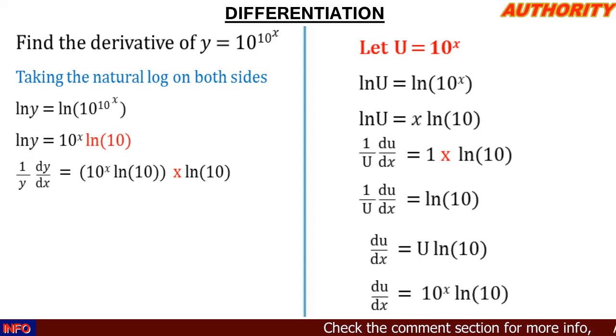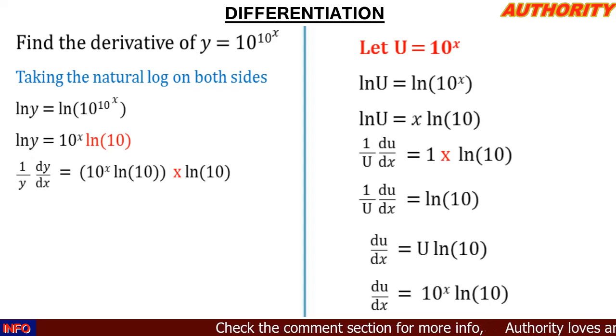Now let's go back. In this place we have ln y is equal to 10 raised to power x ln 10. We want to apply the product rule. We find the derivative of 10 raised to power x multiplied by ln 10, of which we just found the value for the derivative of 10 raised to power x.